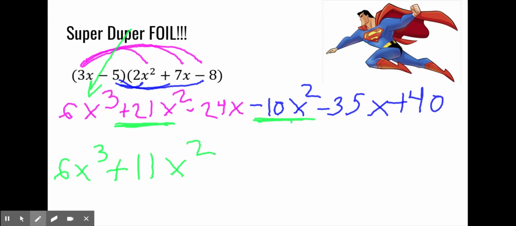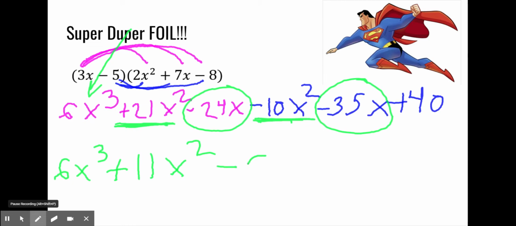Then let's say we circle the other ones, negative 24x and negative 35x. Those are going to combine to give us negative 59x. And then the only one that has no x term is that 40, and we can just bring that one straight down. So that's 6x to the third plus 11x squared minus 59x plus 40.